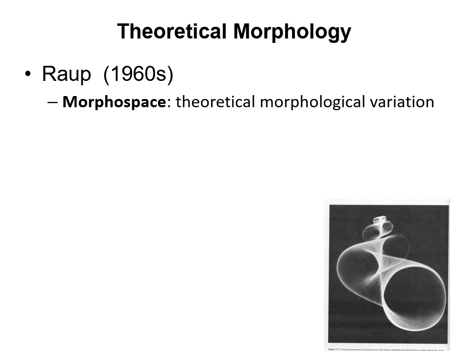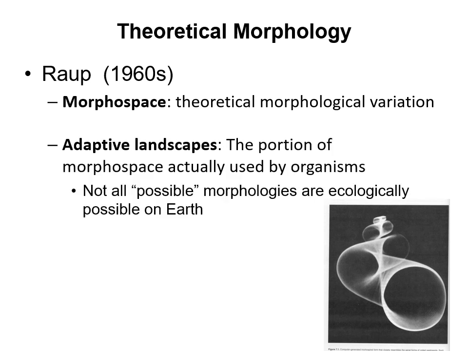We plot these on another hypothetical or theoretical concept called the adaptive landscape. This is the portion of morphospace that's actually used. So think about morphospace as a thought experiment of every possible type of form an organism can have. The adaptive landscape is where we plot which of those theoretical forms actually exist on the planet Earth.